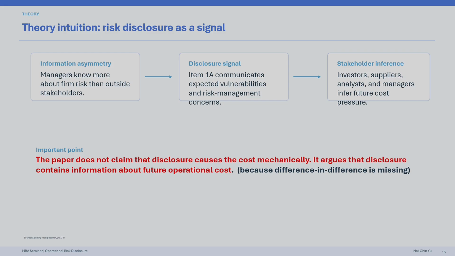This is T plus 1. Disclosure at time T affected future T plus 1's cost of capital, cost of goods sold. So a difference in differences analysis is missing in this paper.